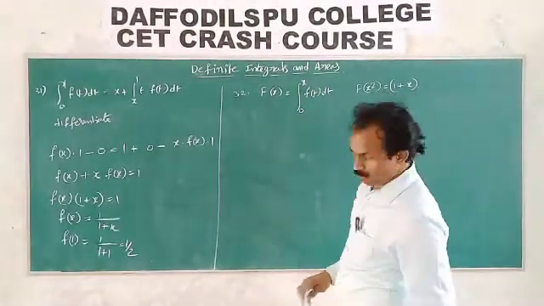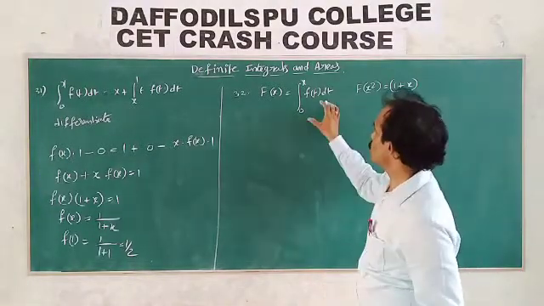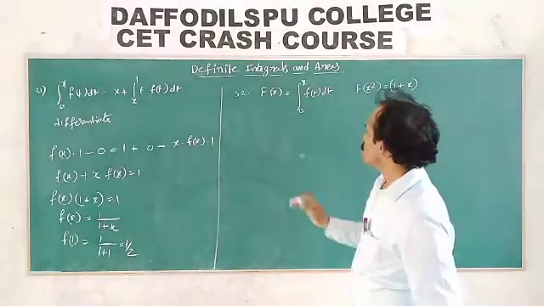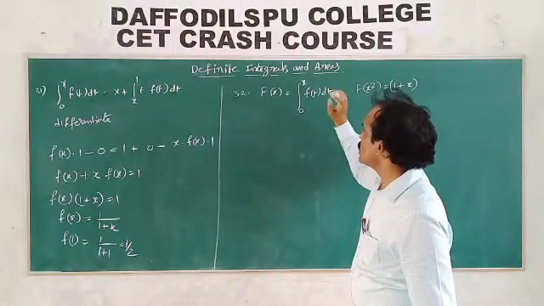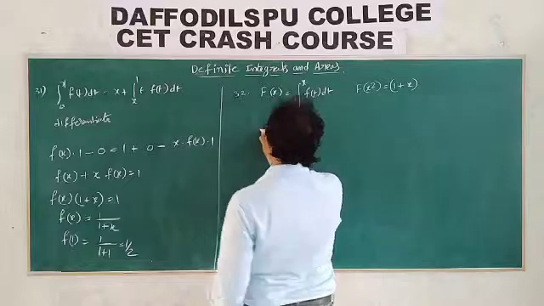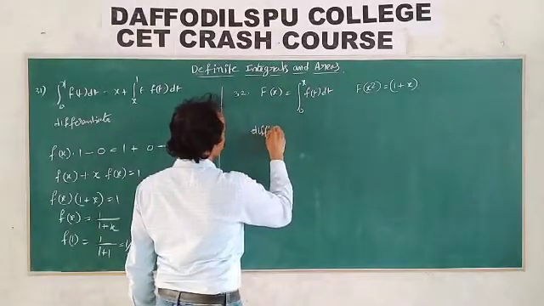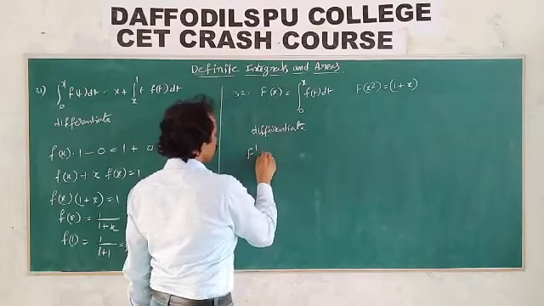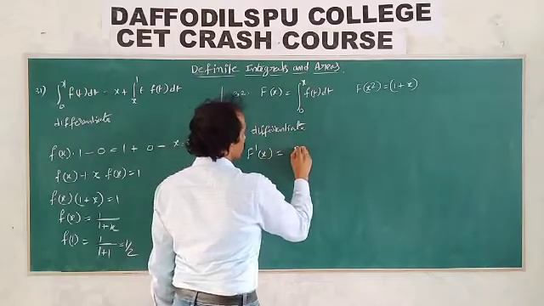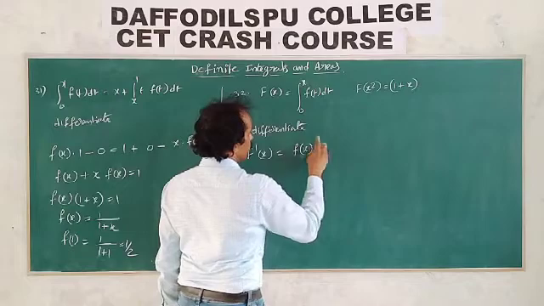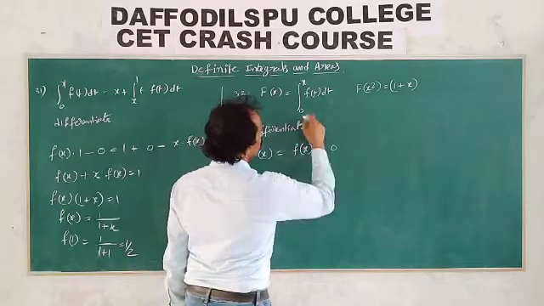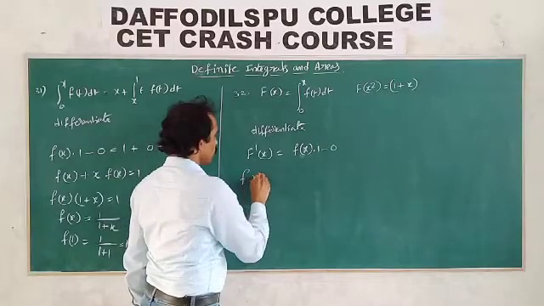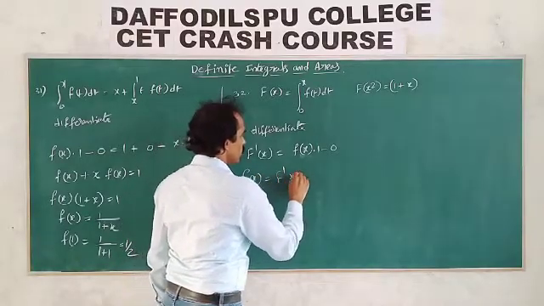Now we want f of 4, so we want the value of f of x. To find f of x, we differentiate this one. Therefore this is m dash x, which is f of x into 1 minus the 0 limit, so f of x is equal to m dash x.